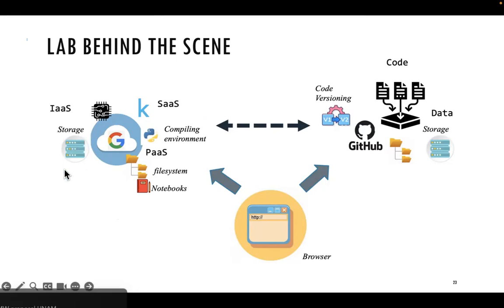We will use also disk, so storage. We will have a file system to go through this. This is platform as a service together with compiling or interpretation environments. Today we are using Python, but it is possible also to use R. So either R or Python would be platform as a service elements that Google Cloud provides.